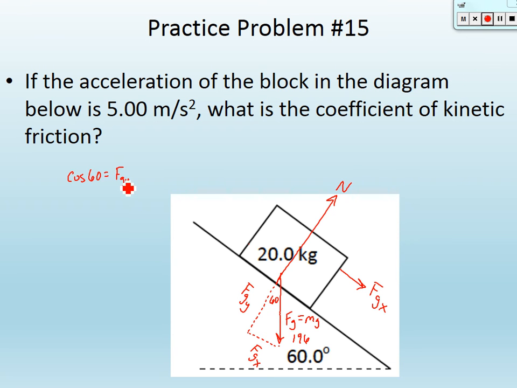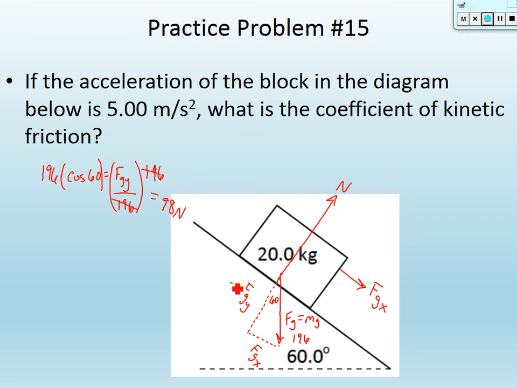So cosine of 60 is equal to force of gravity in the y, that's your adjacent, divided by hypotenuse, which would be 196. So when you solve it, 196 times both sides, cancels out over there, times the cosine of 60. Are you guys getting 98? So that is equal to 98 newtons.